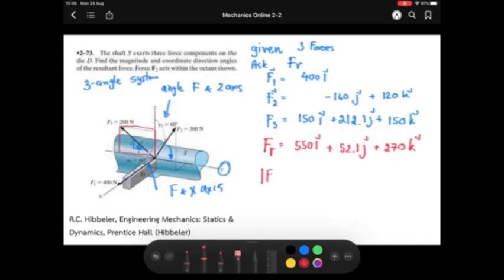So you know how to find out the magnitude and the direction angles, right? The magnitude will be equal to the square root of this one.